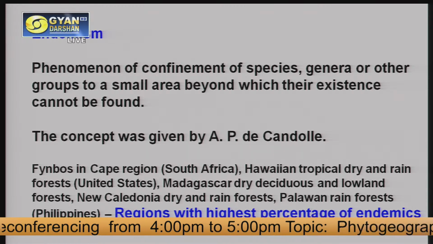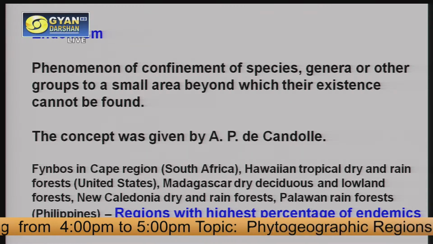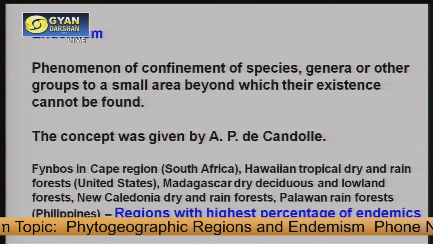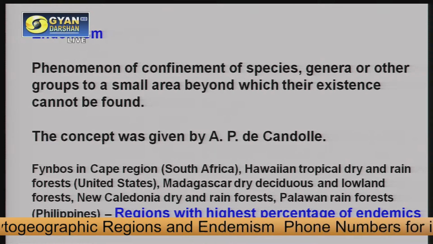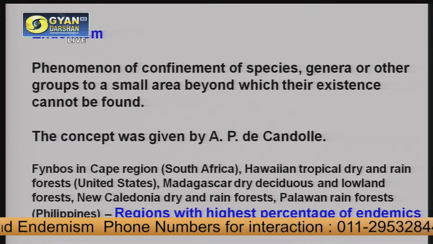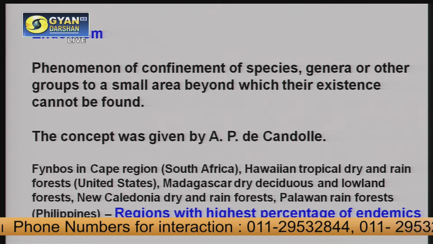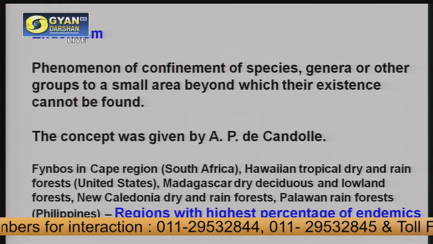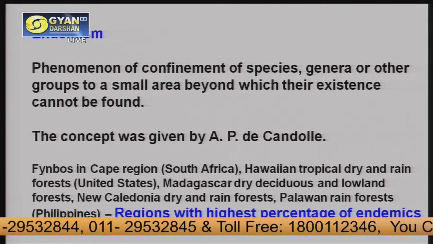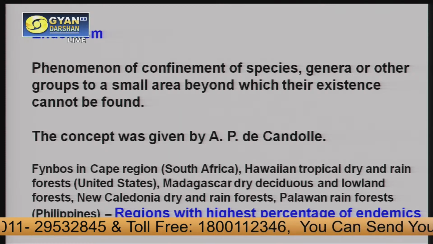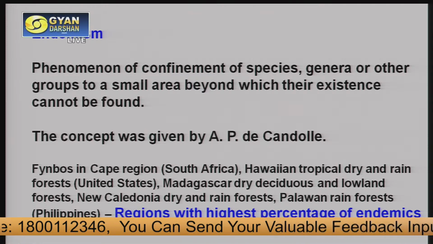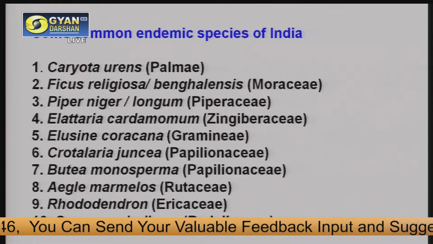Now, you can see that certain regions of the world have a high percentage of endemic species. The fynbos in Cape region, Hawaiian tropical dry and rainforest in United States, Madagascar dry deciduous and lowland forests, New Caledonia dry and rainforest, Palawan rainforests in Philippines. So these are some of the regions which have a very high percentage of endemic species.